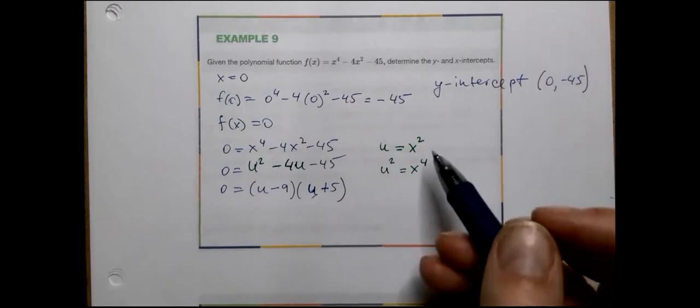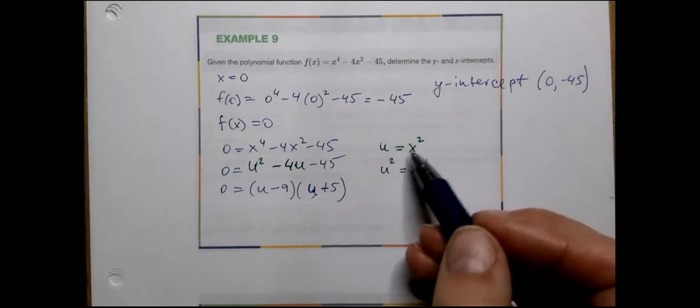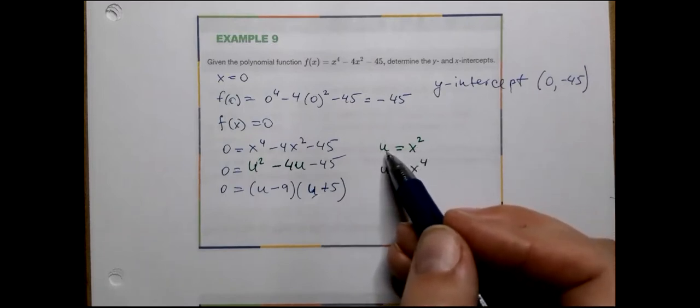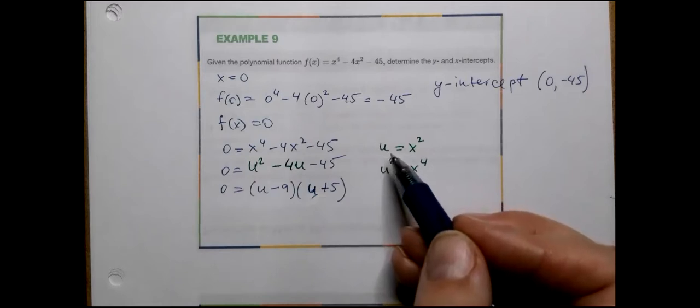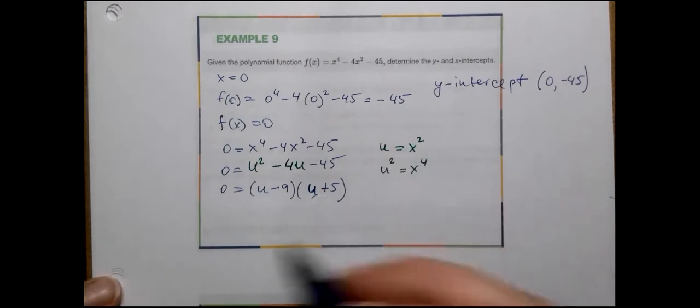Okay, now we have to substitute x squared back instead of u. That's the rule. If you substitute for a different variable, it's usually temporary. You have to go back to the original variable.